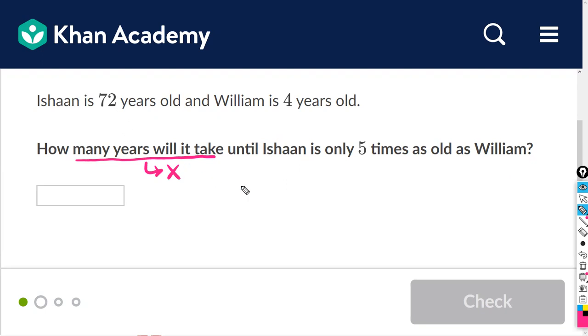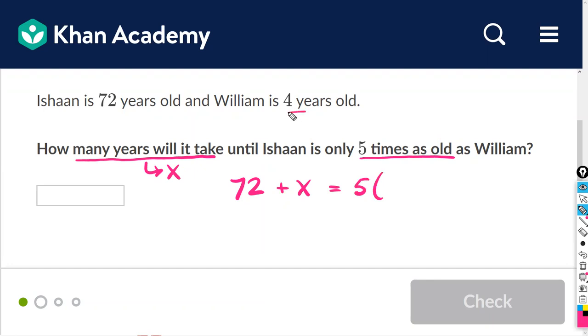Okay, so Ishaan is 72 right now. And as the years go by, they add up. So we're going to add X to Ishaan's age. And that is going to be 5 times as old as William. So 5 times as old.